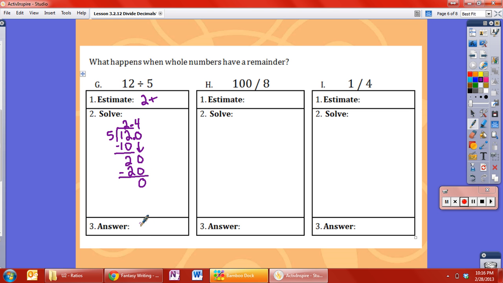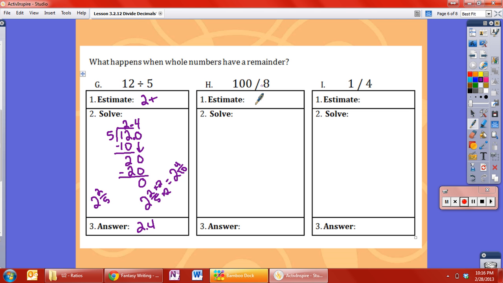So it's 2.4. And remember that this is 2 2/5 if we just use the remainder. Well, 2 4/10 is the same as 2 2/5. If you remember our equivalent fractions lessons, if I multiply by 2 on the top and the bottom, I get 2 4/10. Same thing.